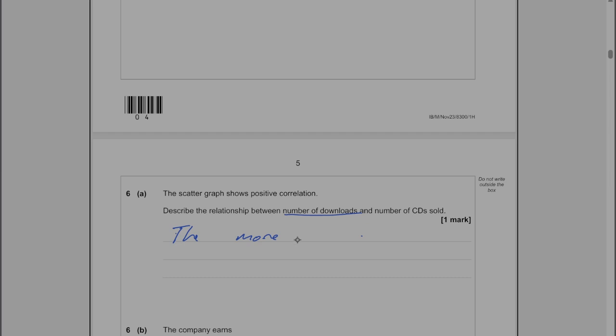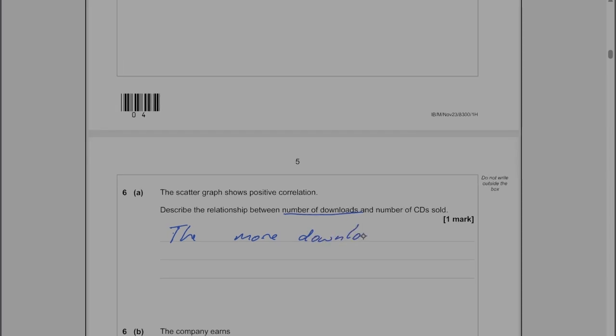The more downloads, the more CDs are sold. And I'll put on the first day. Could have put on the first day for both parts.